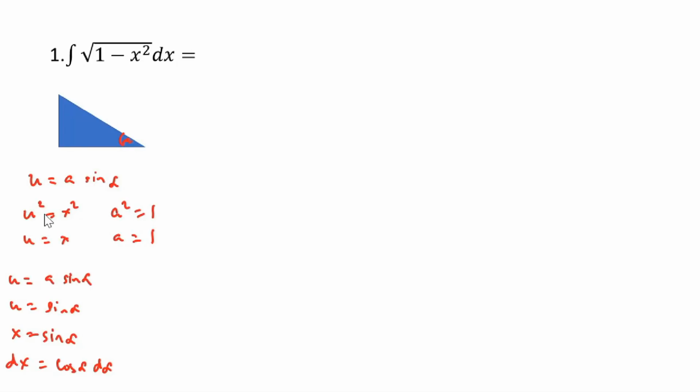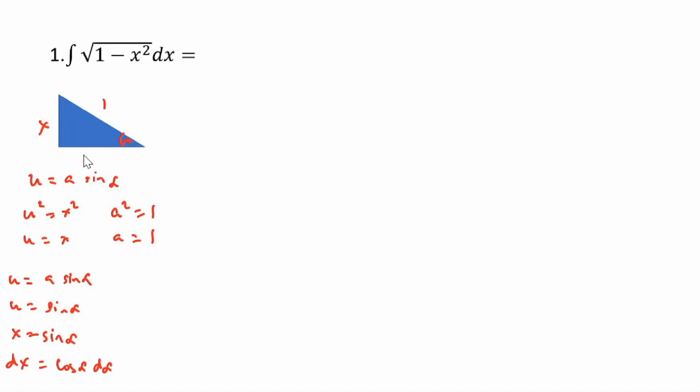So from here, from the data, I'm now going to define sine alpha. So sine alpha comes from the definition of opposite side over the hypotenuse. So the opposite side is x, and the hypotenuse is 1.